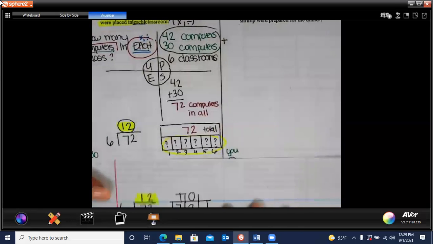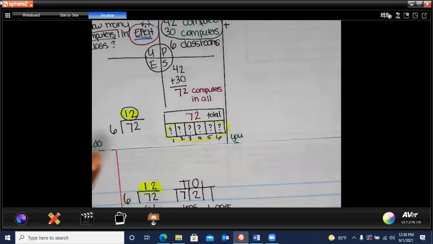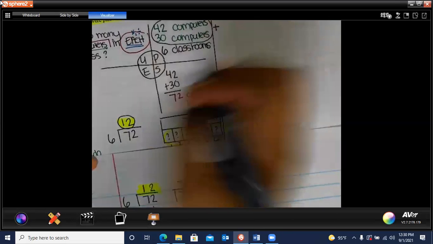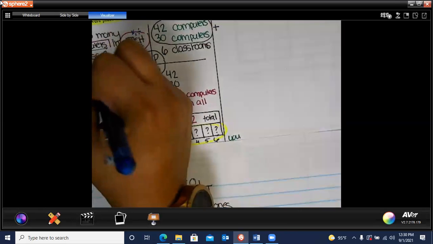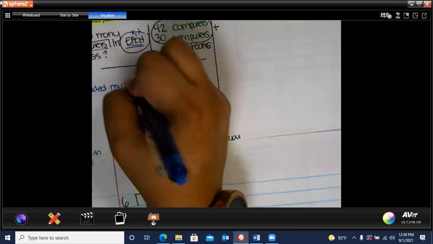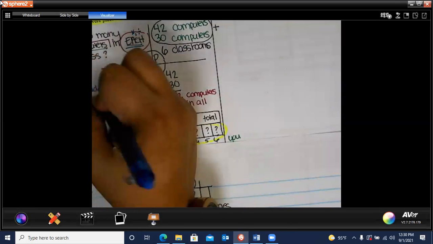So that means each class had how many computers? 12. So all I have to do is explain it. I have to write it down. I added my total number of computers.